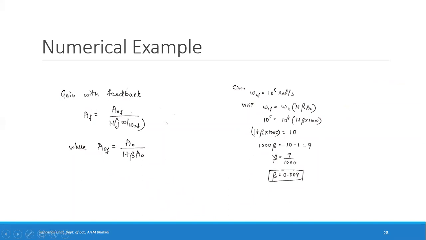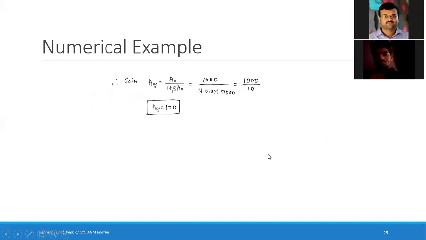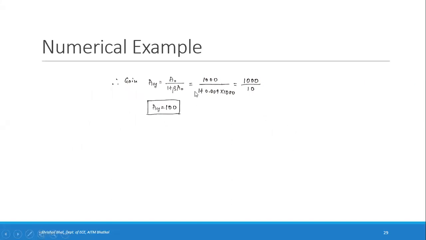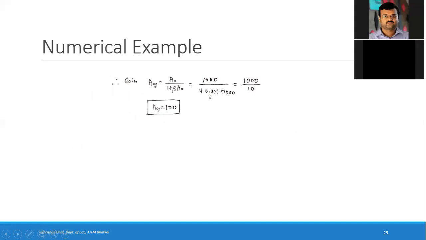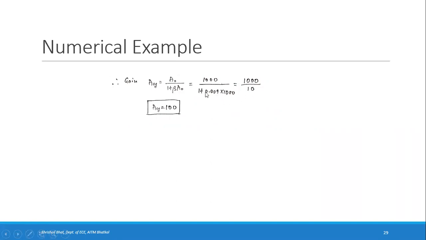So if you substitute those values, 1000 divided by 1 plus 0.009 into 1000. 0.009 into 1000 is 9, right? 9 plus 1 is 10. So what you get is 1000 by 10, that is equal to 100. So this is the midband gain with feedback, that is equal to 100.